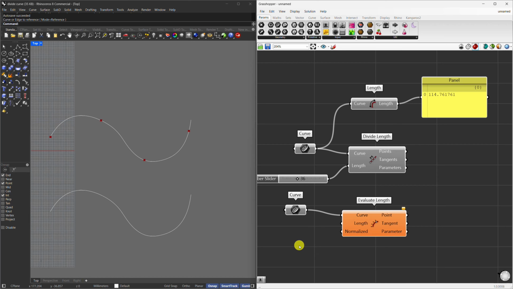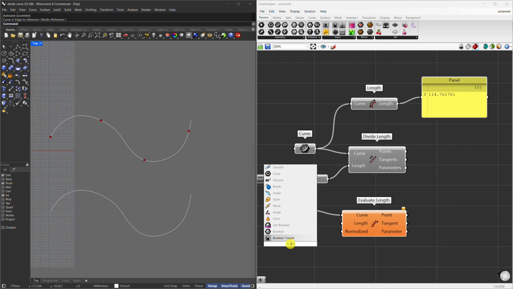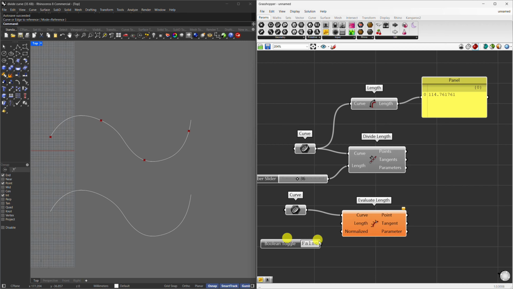Now, there are two ways to put the point on this curve. Before we look at length, let's look at normalized. This is also a Boolean value. Let's bring the Boolean toggle. What does it exactly do? With this component, you can position a point on the curve in two different ways.